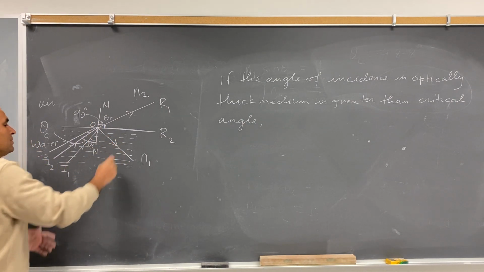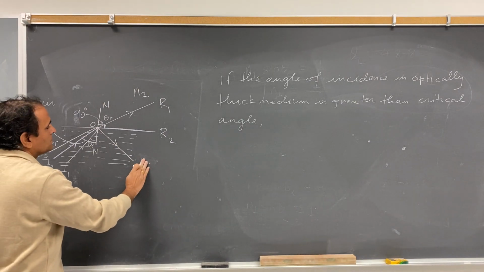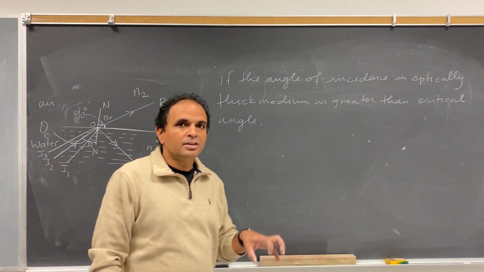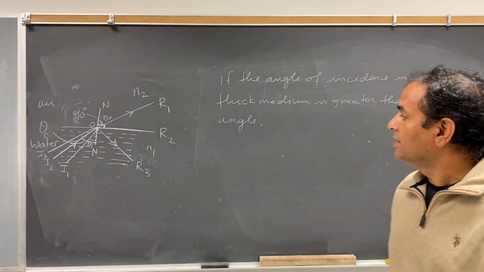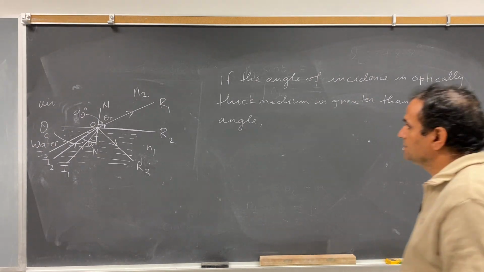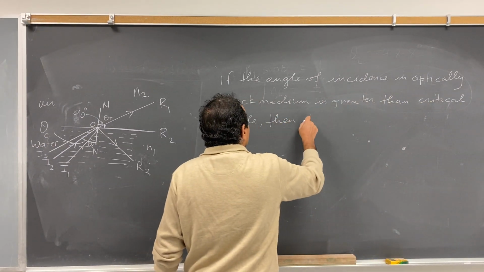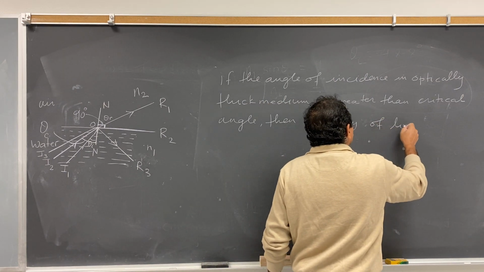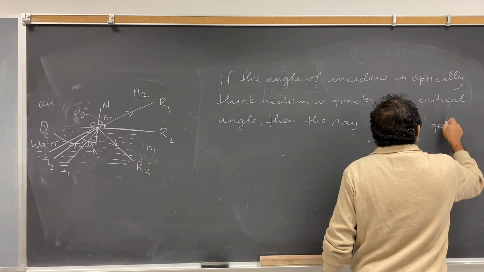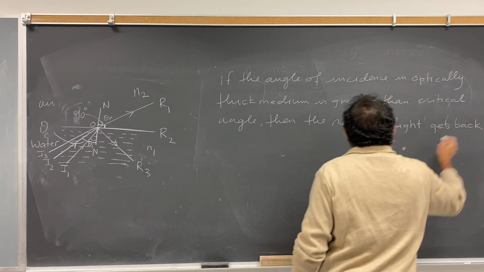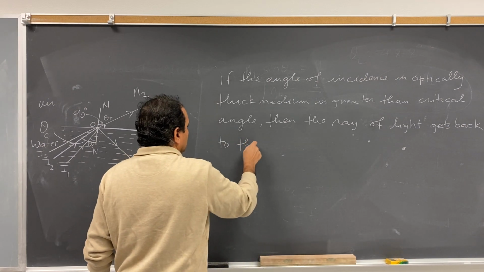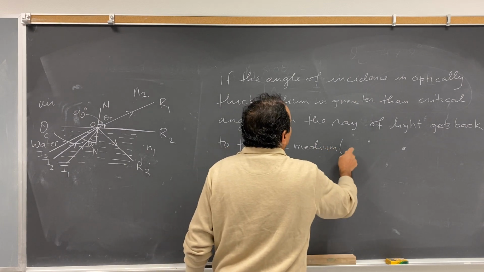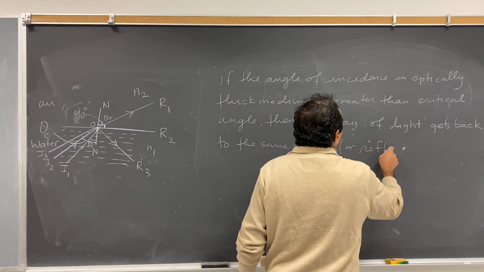Now this is your R3. If the angle of incidence in the optically thick medium is greater than the critical angle, then the ray of light gets back to the same medium, or simply you can say it reflects. Reflection takes place.